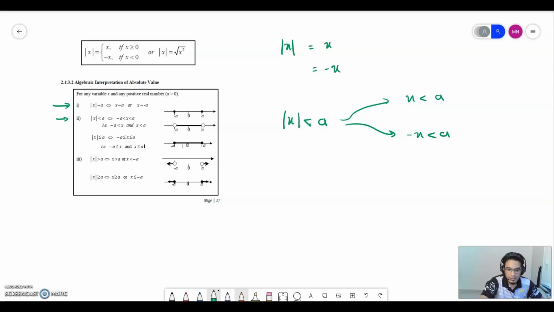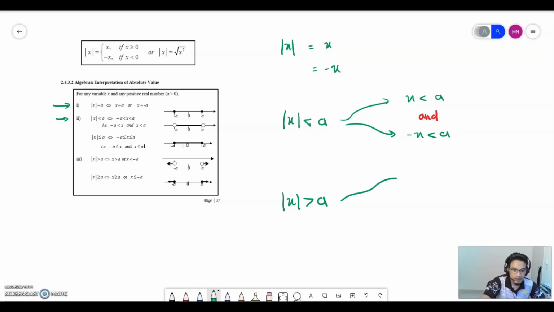What is important right here is to know that the relationship between these two x is "and", because the symbol of the inequality is less than. If the symbol of the inequality is bigger than a, first we have to make sure that the x has a modulus with it.